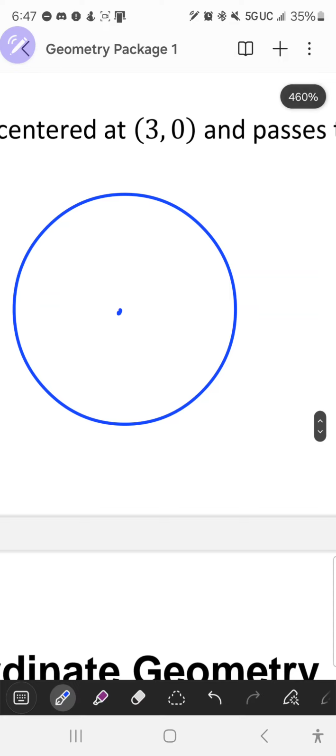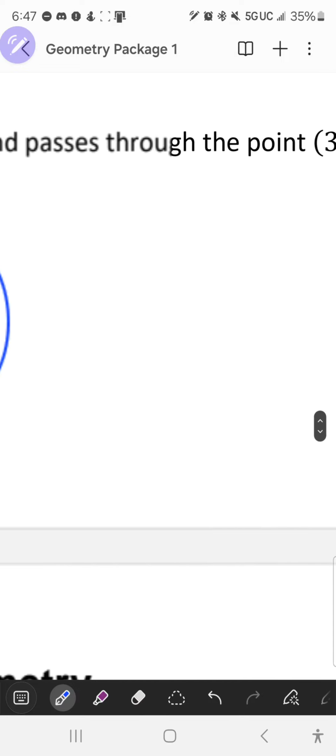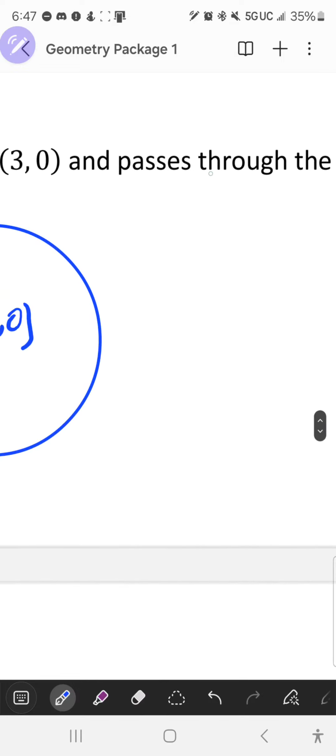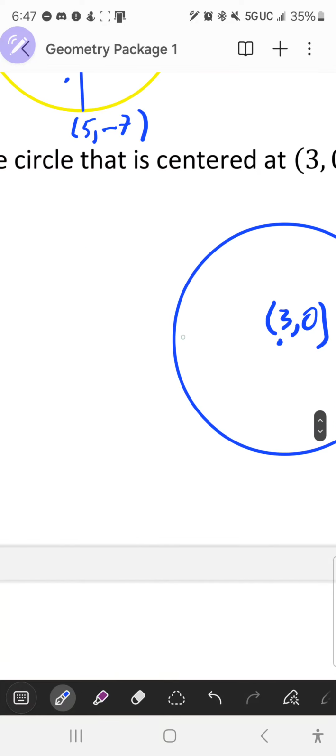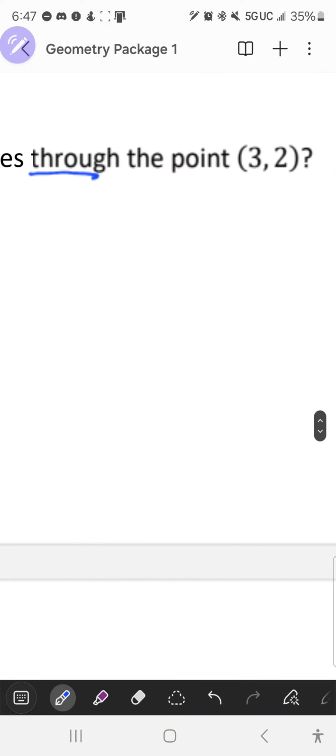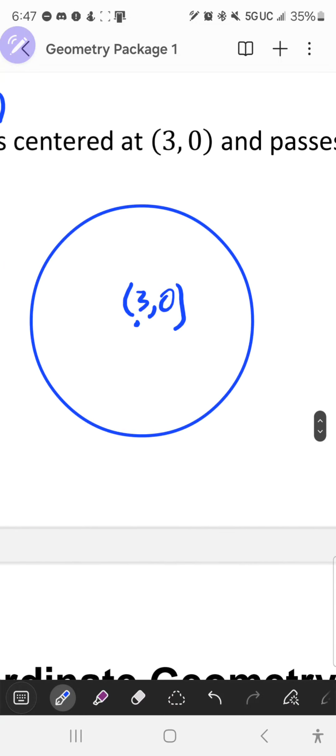I know that this is going to be (3, 0). Now I say that it passes through the point. It means that the point (3, 2) is somewhere on the blue line because it passes through the point. So okay, 2 up. So this is (3, 2).